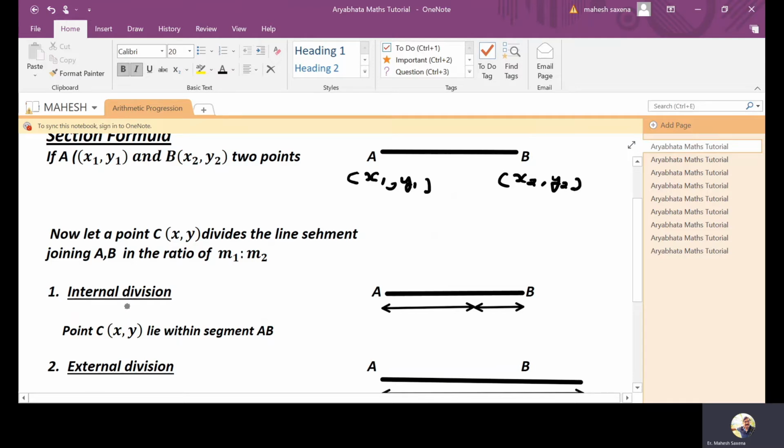The first method is the internal division. In this, if this is point A and this is point B, and the segment is divided by a point C, then point C lies within the segment AB. Then the ratio of AC and CB will be M1 and M2.